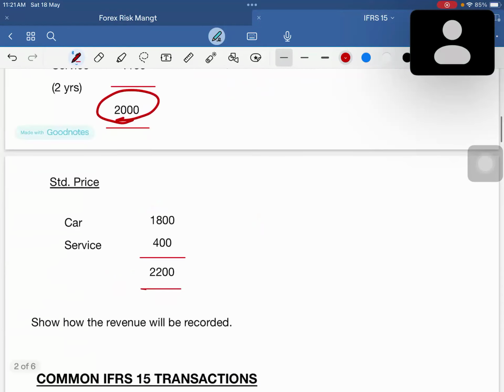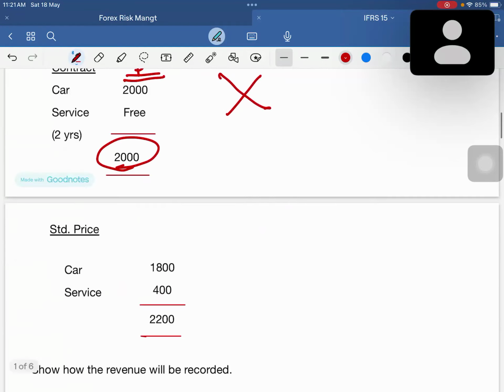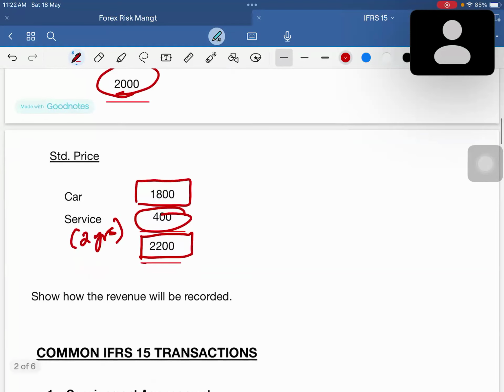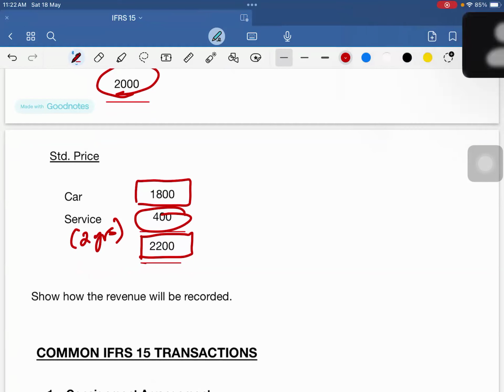Without this particular offer, the company is going to provide the car for 1,800, and the company is going to charge for service for 2 years as 400. And the total revenue is going to be 2,200. Now we have to show how this revenue is going to be recorded. I hope the question is clear.